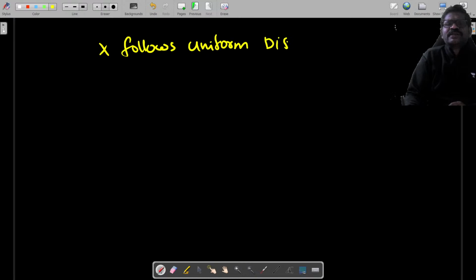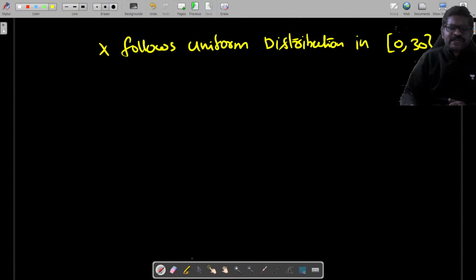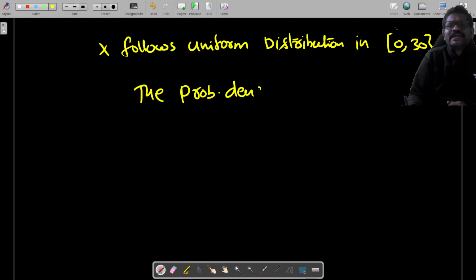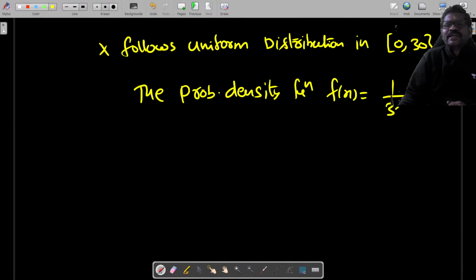Therefore, the probability density function is f of x is 1 by 30, for 0 less than or equal to x less than or equal to 30.